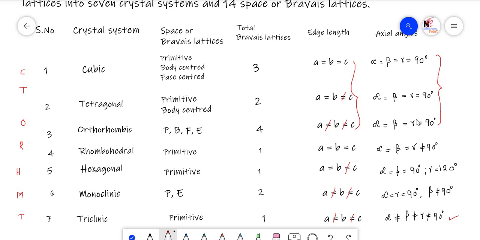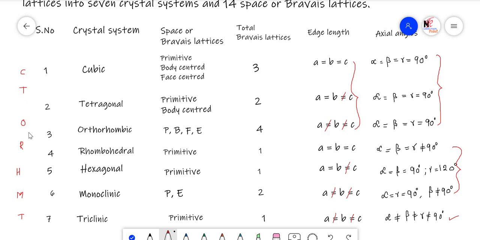So we only have to memorize the remaining cases. For rhombohedral, alpha equals beta equals gamma not equals 90 degrees. For hexagonal, alpha equals beta equals 90 degrees, but one angle must be 120 degrees, so gamma equals 120 degrees. For monoclinic, both are opposite: alpha equals gamma equals 90 degrees, beta not equals 90 degrees. The simple trick is CT or HMT.